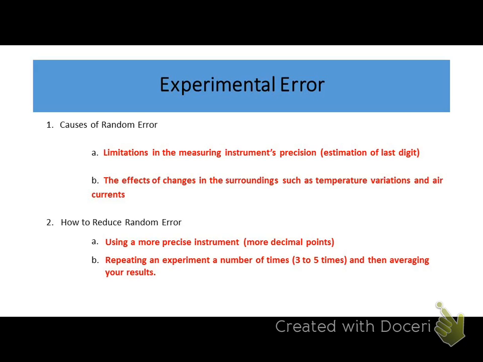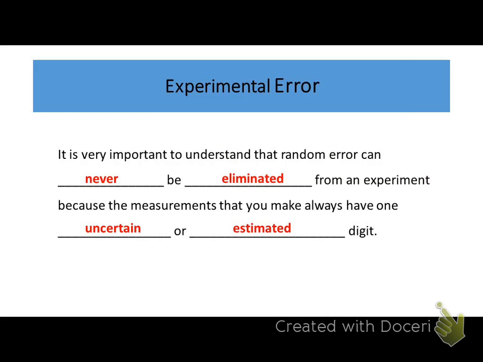So we're going to expect you to do that in your labs. Again, it is always important to remember that random error can never be eliminated, because you're always going to have one uncertain or estimated digit.